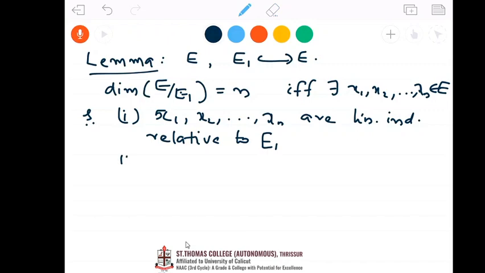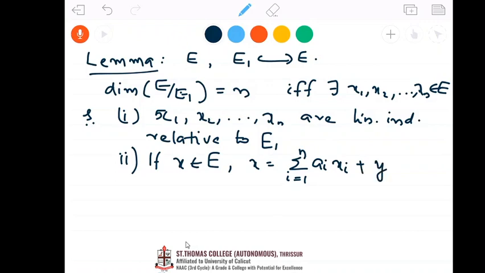And one more thing: if small x is an element of E, you take any vector from E, x can be written as a linear combination of x1, x2, etc., xn, summation i equal to 1 to n ai xi, plus an element of E1, in a unique way.